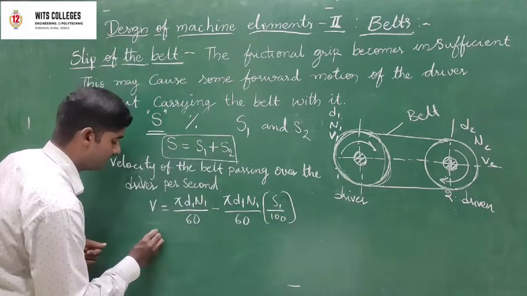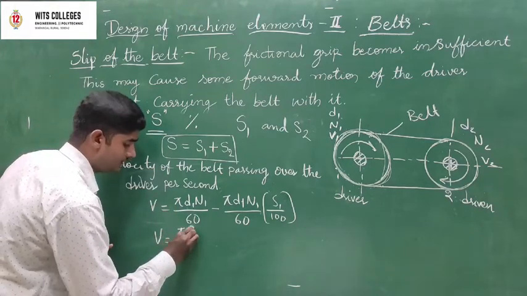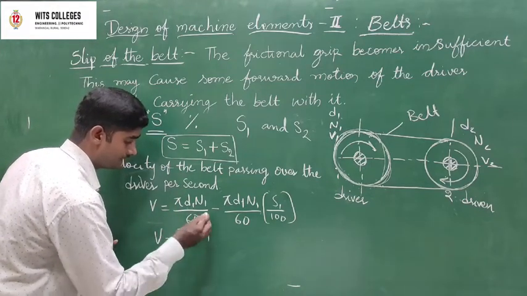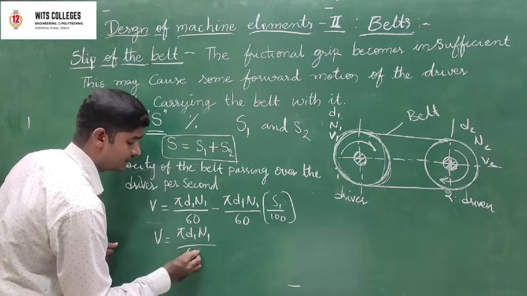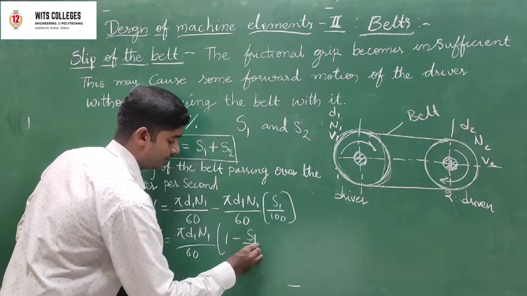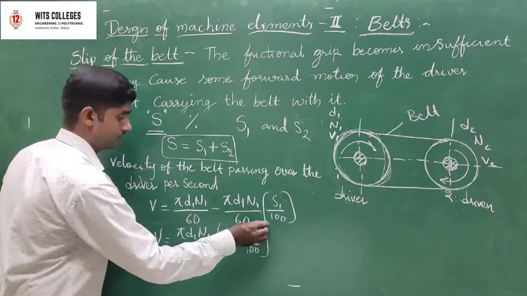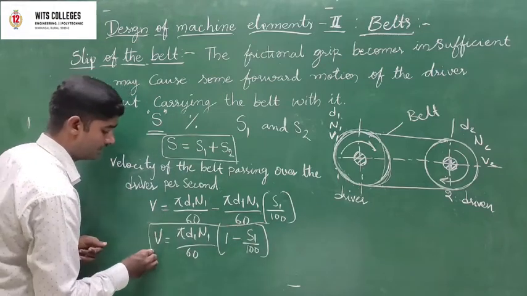So V is equal to pi D1 N1 by 60, where 60 is common, into 1 minus S1 by 100. This is the velocity of the belt over the driver.